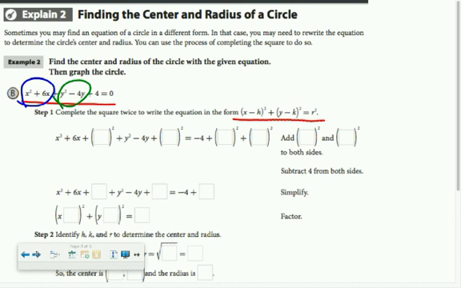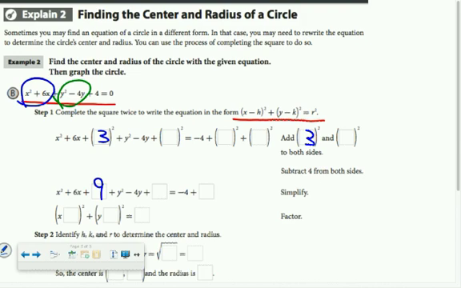So now coming to this example, in the blue expression x² + 6x, I would take that 6, divide it by 2, and square it. So 6 divided by 2 is 3, and 3 squared is what I'm adding to that equation.